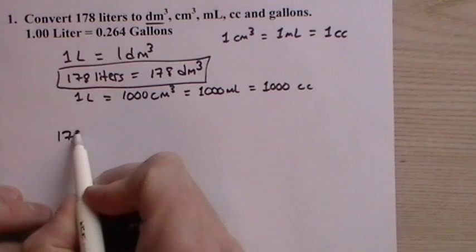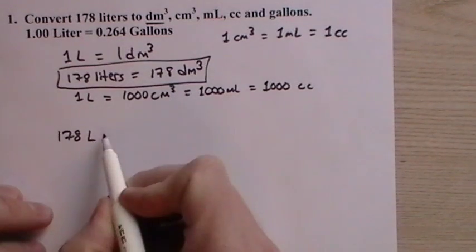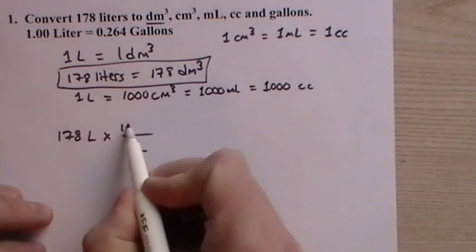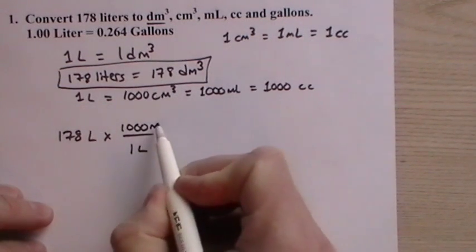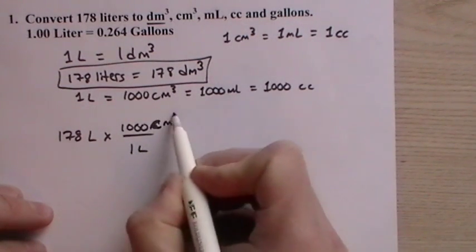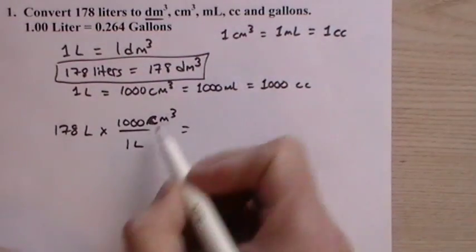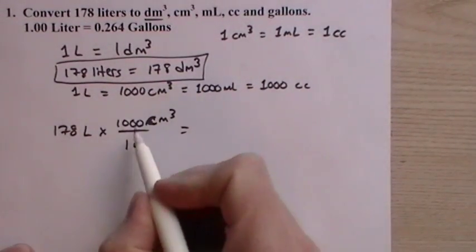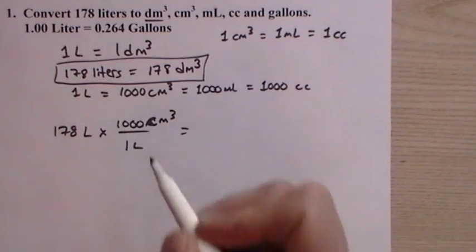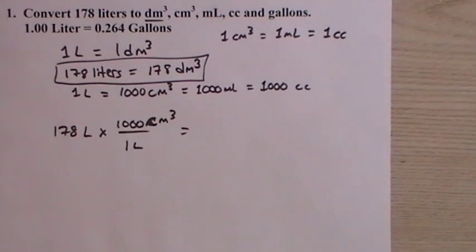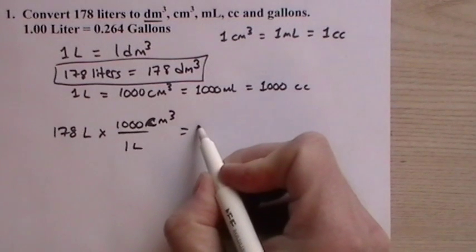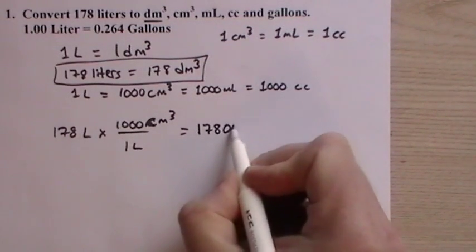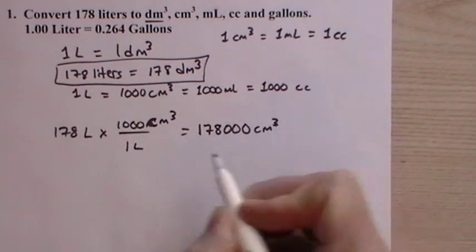So 178 liters, let's put L. 1 liter is 1,000 centimeters cubed. Once we find this answer, it will also go for the next two. And 1 liter equals 1,000 centimeters cubed. That is exact, so we'll have 3 significant figures for our end. This would be 178,000 centimeters cubed.